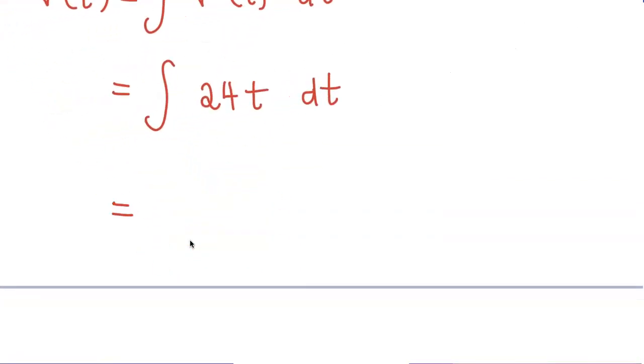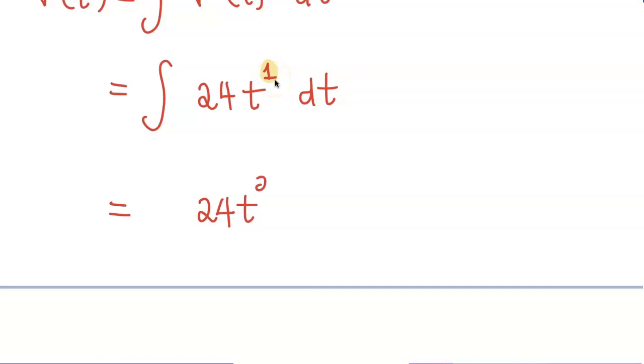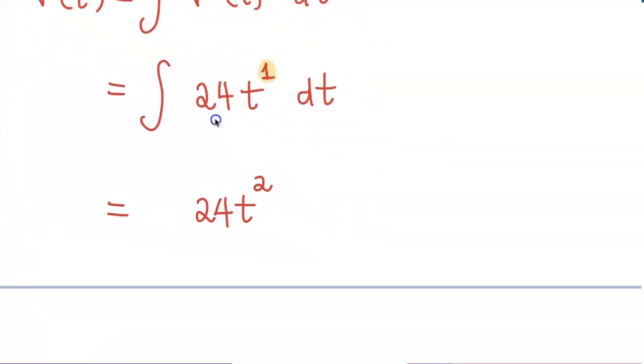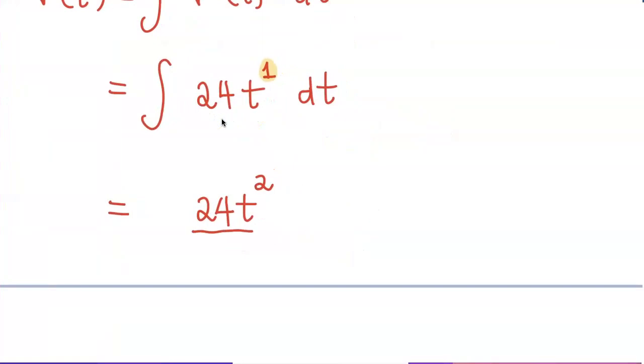So I'm going to write 24t, but notice the old 24t had an exponent of 1, because it's just t, or t to the first power. You have to go up by 1, so the new exponent will be 2, and you always divide by the new exponent, and then put plus c.